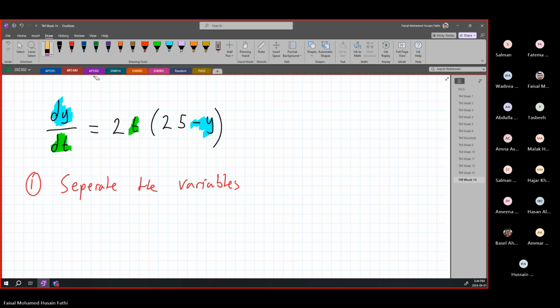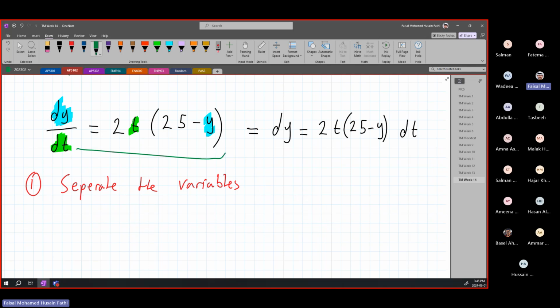All right? This is the whole idea of separation. So we're solving it with the method of separation of variables. And we can do that very simply if you know how to do your basic arithmetics. And then if we want to rearrange this equation, we're just going to take the dt to the other side. So this is going to be dy is equal to 2t times 25 minus y times dt. All right, all I did was I moved this dt and put it here. That's all I did. Okay, this will always be your first step, trying to separate these two.